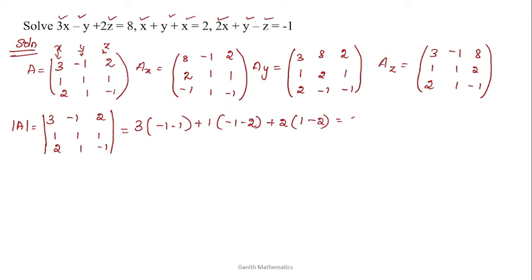So this would be 3 into minus 2 plus 1 into minus 3 plus 2 into minus 1. So this is equal to minus 6 minus 3 minus 2, which is equal to minus 11.